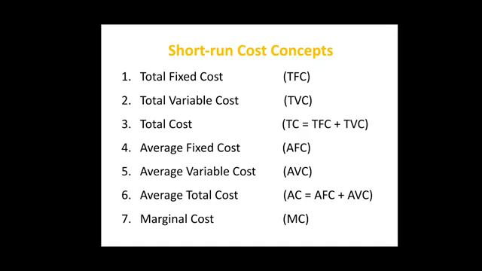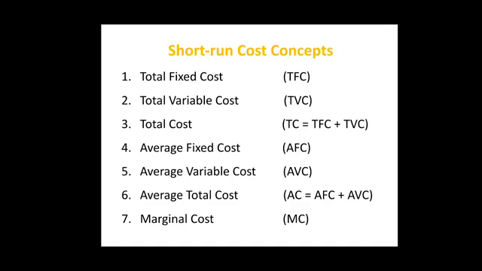Or we can say in the long run time period, all factors of production are variable and hence all costs are variable. Dear students, since the concept of long run costs is not in your syllabus, our focus will only be on the behavior of short run cost curves.